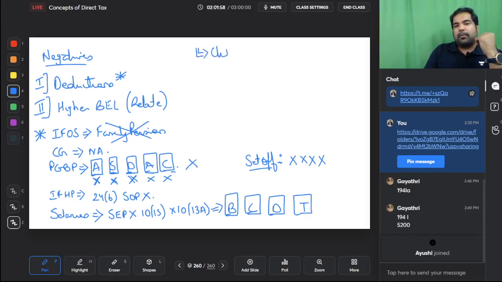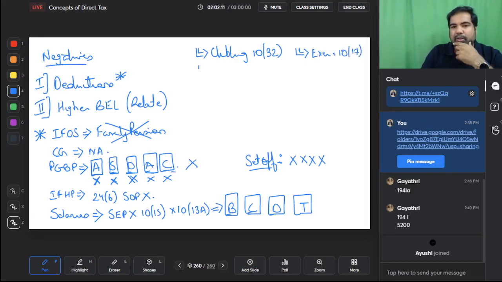Next, in clubbing you will not get 10(32). I'm just going in that same pattern. In exemptions you will not get 10(17), and of course 10AA you will anyways not get. Set off we've already seen what you will not get.